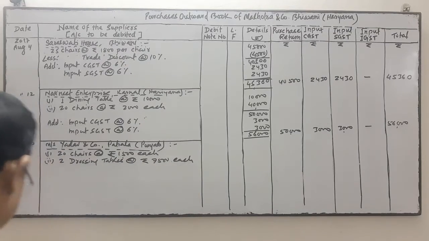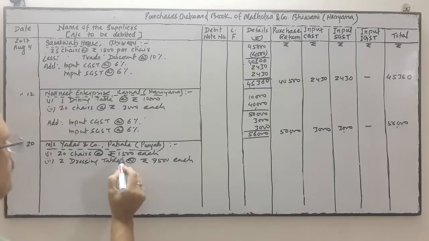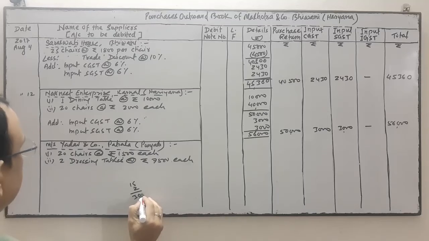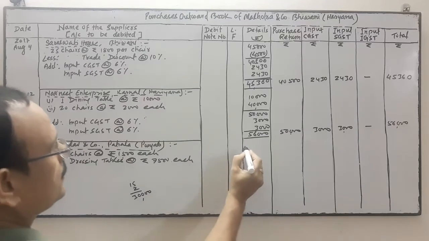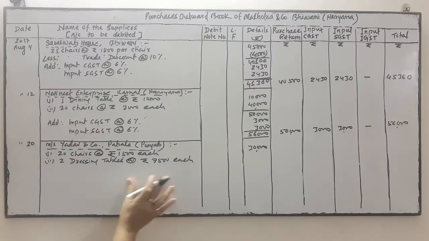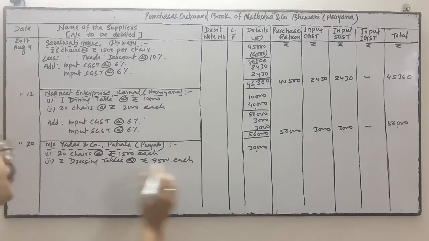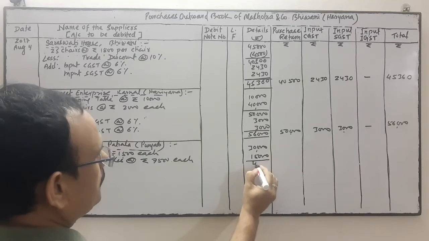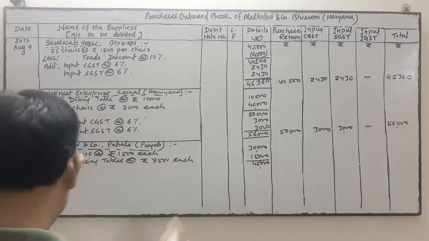Two things are returned. So 20 into 1500 is 30,000, and 7500 into 2 is 15,000. So the total is 45,000.